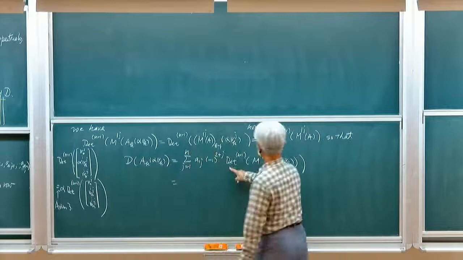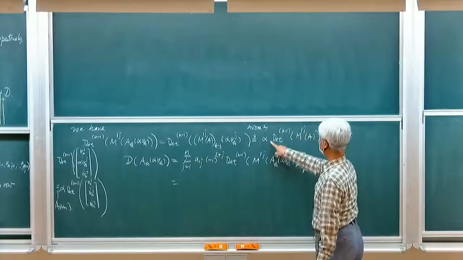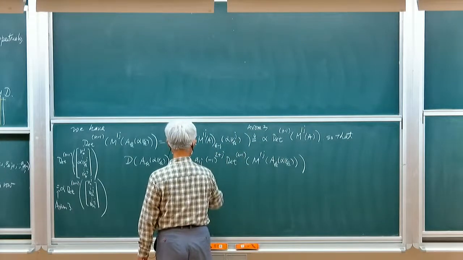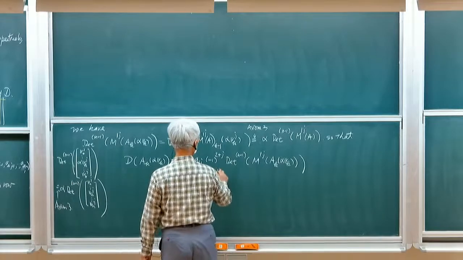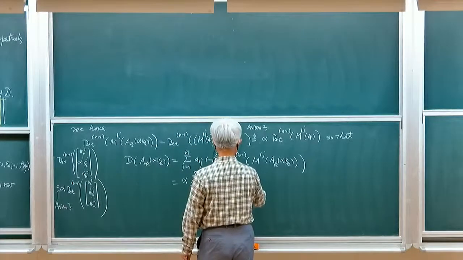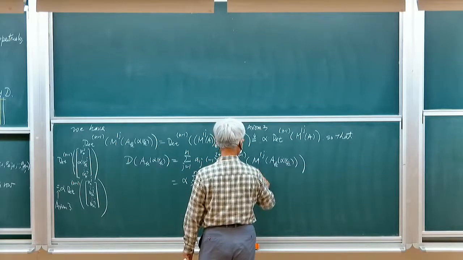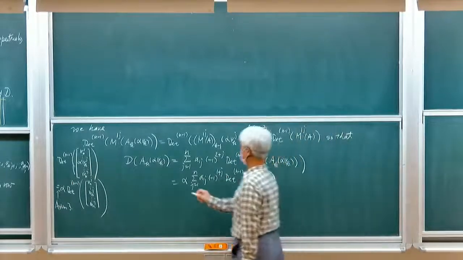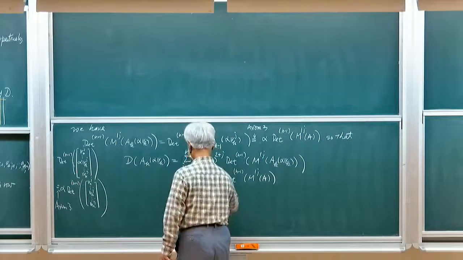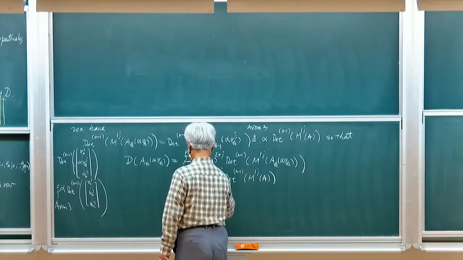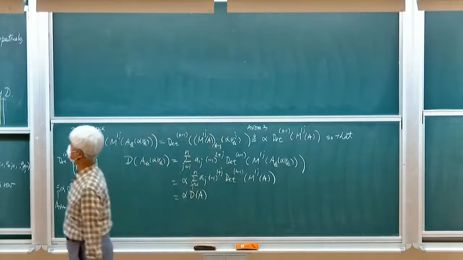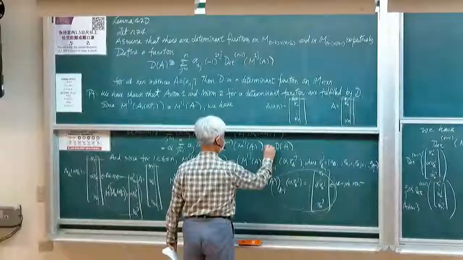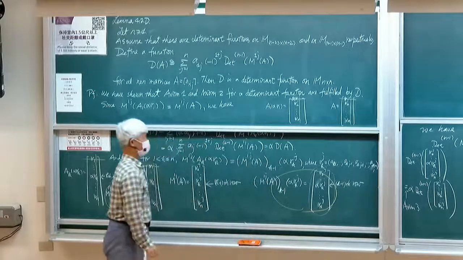Okay, and we already know this is alpha times this determinant. So this is alpha times the summation, and again this is alpha times D of A. Oh, I forgot, sorry. Alpha times D of A.